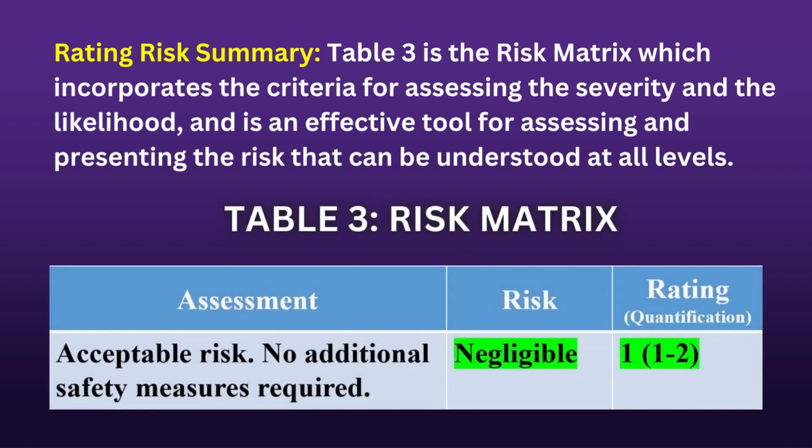First is assessment, then second is risk level, and third is the rating, meaning the quantification. So if we go for the first assessment, the acceptable risk, no additional safety measures required, then the associated risk level is negligible, and the quantification is 1, rating is 1.